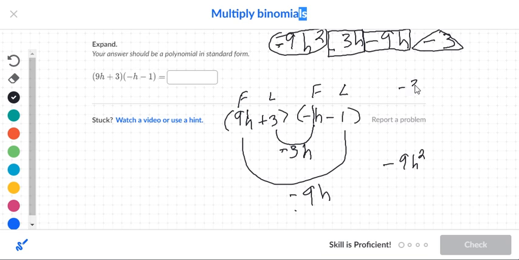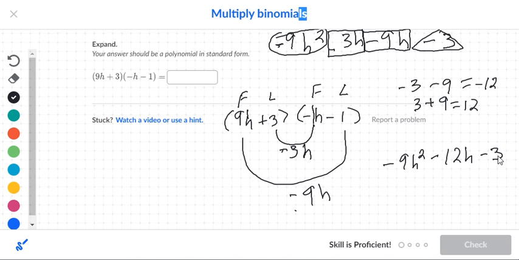Now I have a negative 3 and a negative 9. So you went to your mom, you got $3. You went back to your mom, you got $9. So you're going to take 3 plus 9. So 3 plus 9 is 12, but you owe her, or you need to pay her back, so it's a negative 12. So you get a negative 12h, and then your triangle just contains a negative 3.